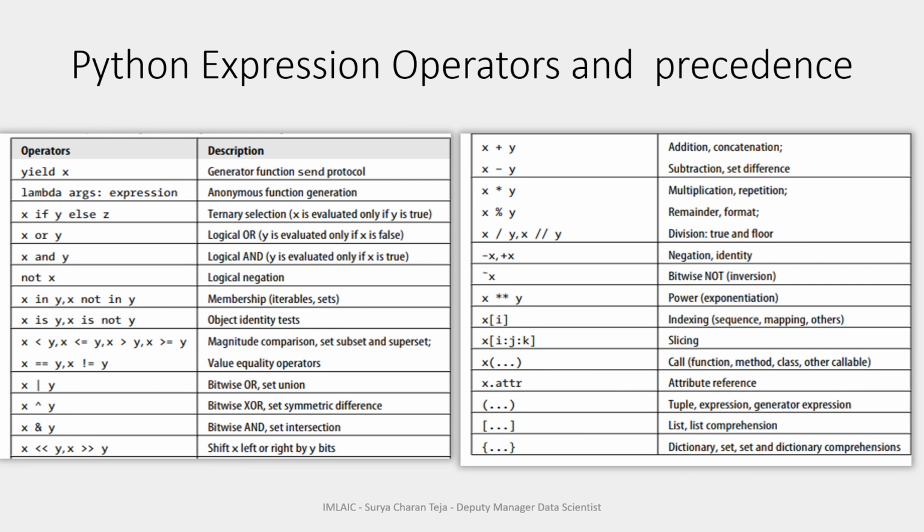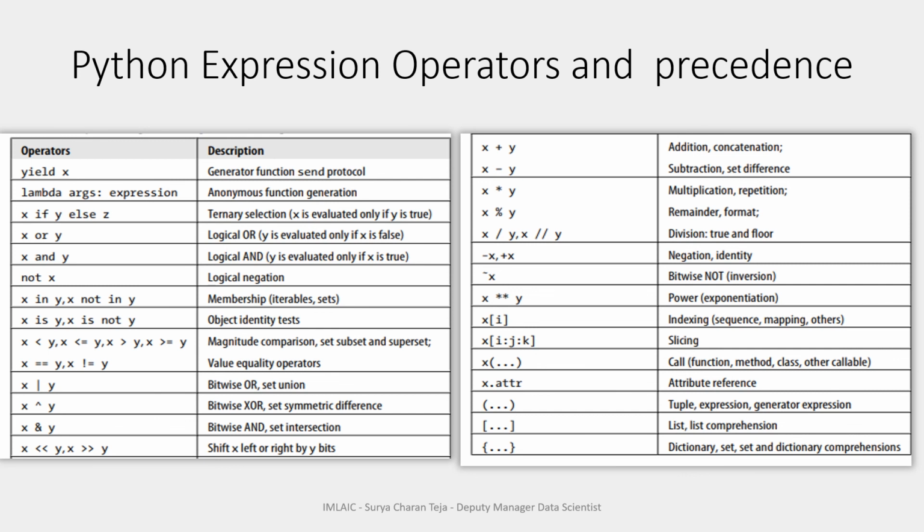X is Y, X is not Y are identity operators, which do object identity tests. And we have X less than Y, X less than or equal to Y, X greater than Y, X greater than or equal to Y, X double equals Y, X not equals Y. These are all magnitude comparison, set subset and superset, and value equality operators.